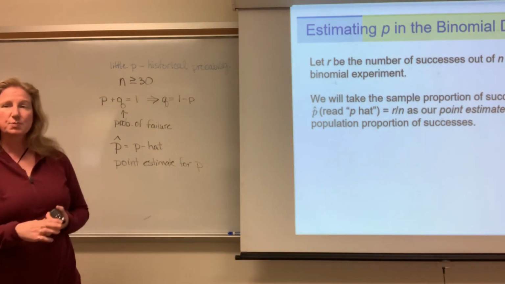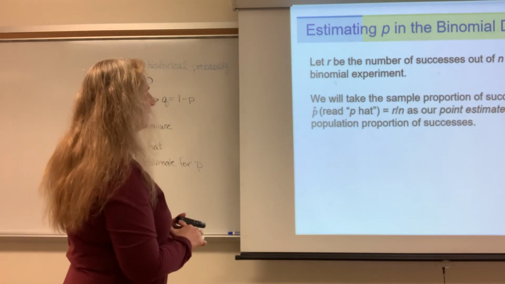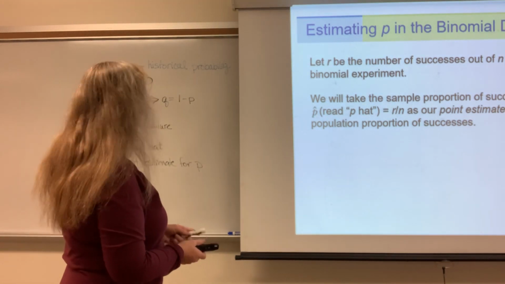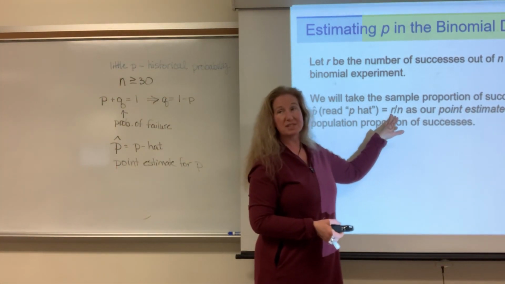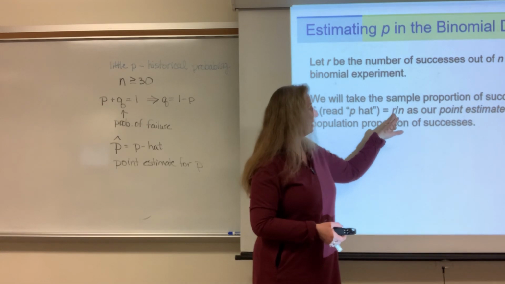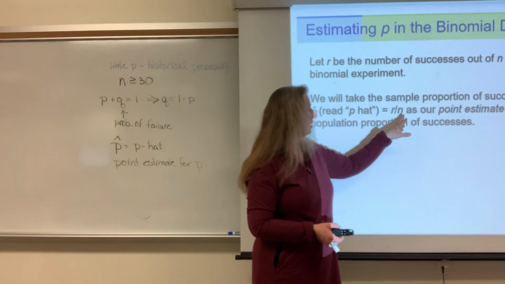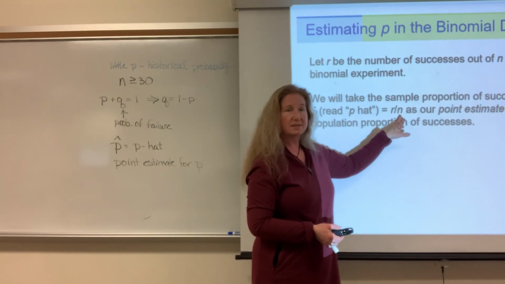That's my point estimate for little p, and we will use that. It's r over n. What is r? r is the number of successes in this trial. n is the number in my sample size.